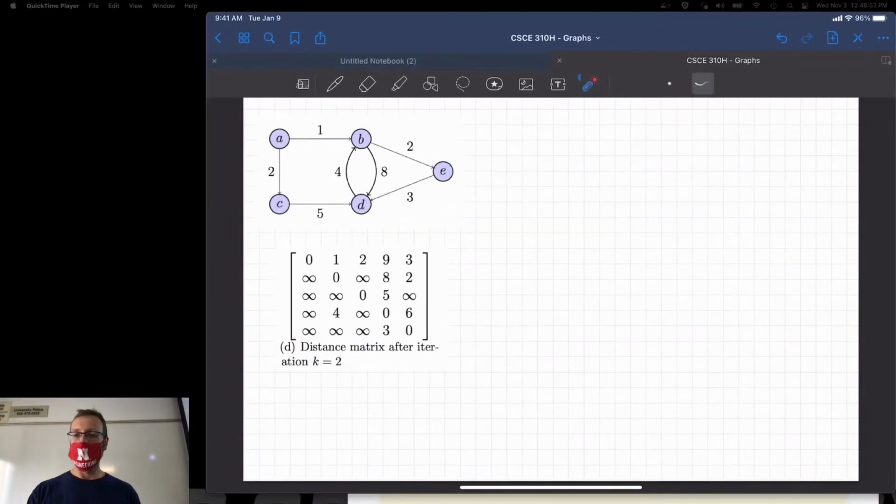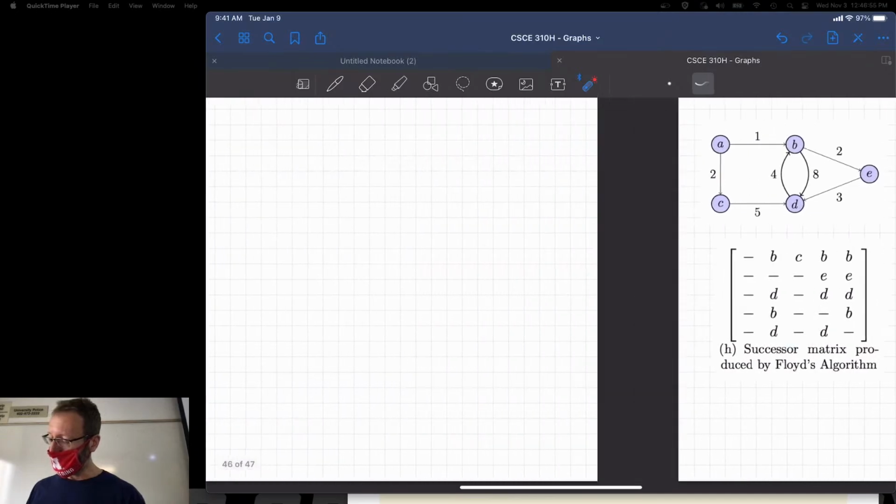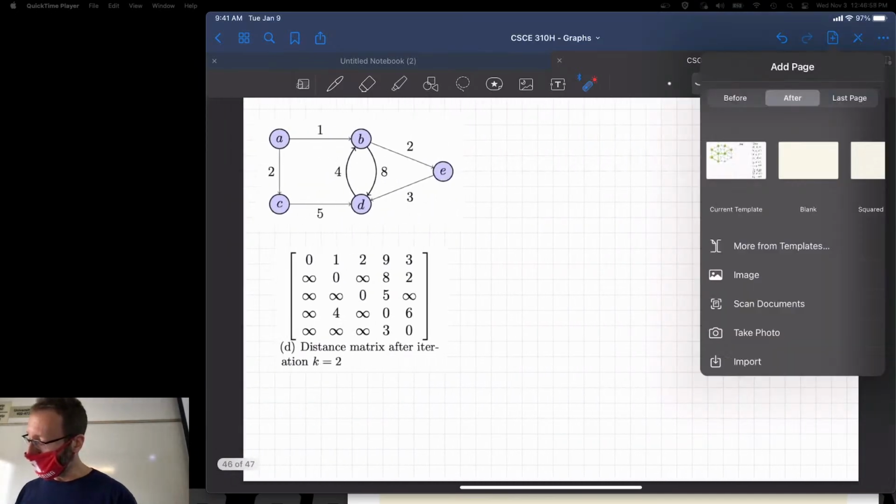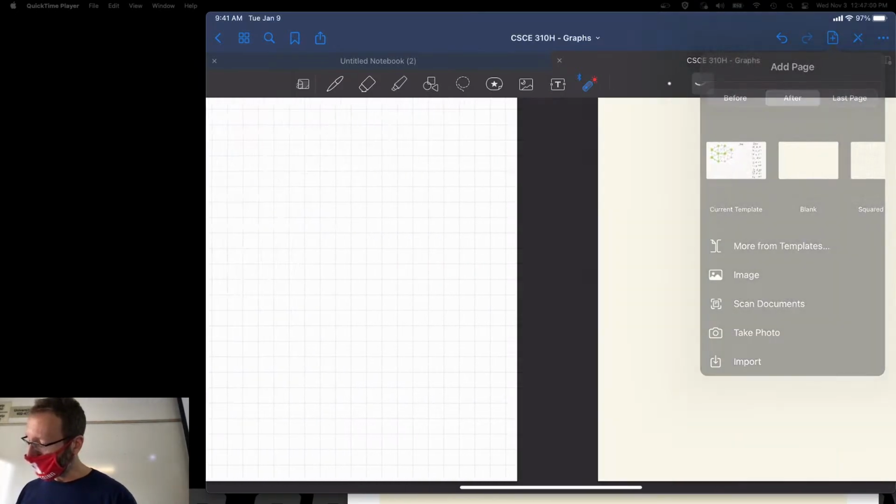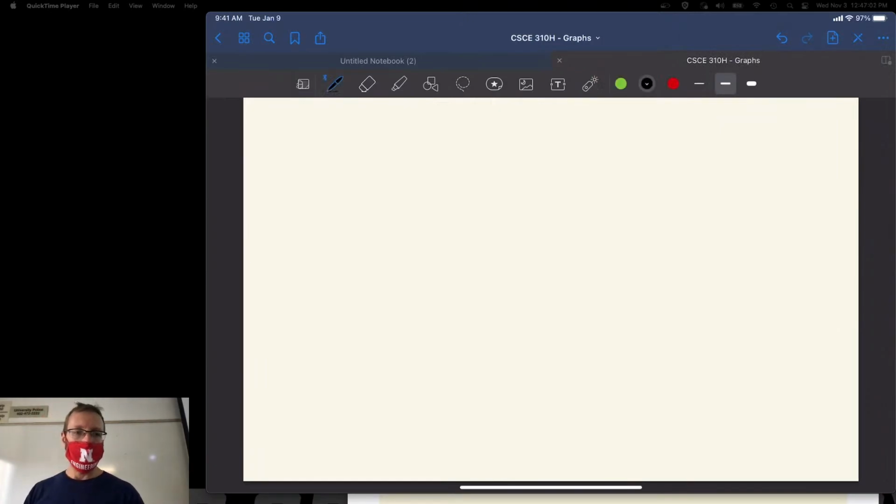All right, let's go ahead and put in a new page here. Blank. And here's Floyd's algorithm. It's called Floyd-Warshall. I think Warshall's algorithm does this exact same thing, but only for transitive closures.